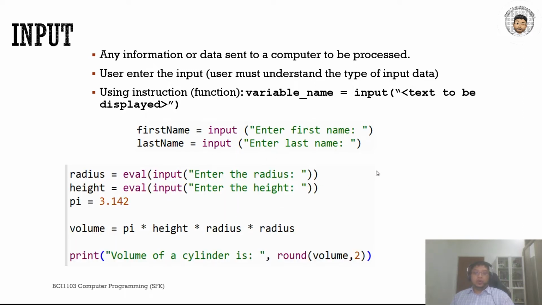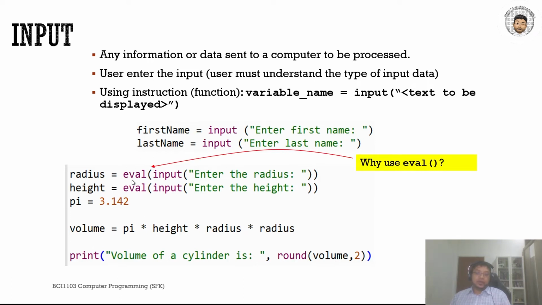Okay, so sometimes when we are trying to input some things, we tend to key in either float or integer. It's hard for us to clarify what kind of input we want to key in, especially in terms of numbers. So we usually have what we call eval.